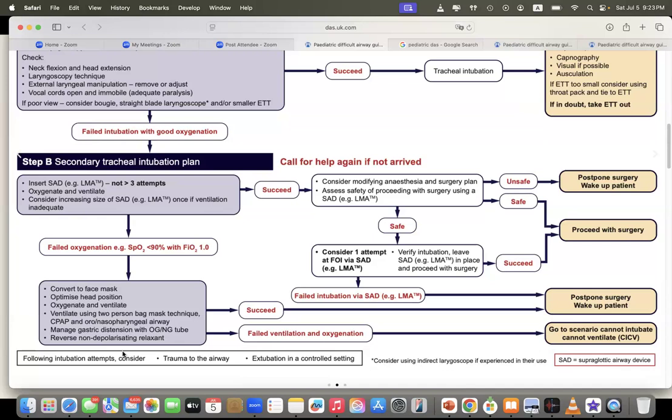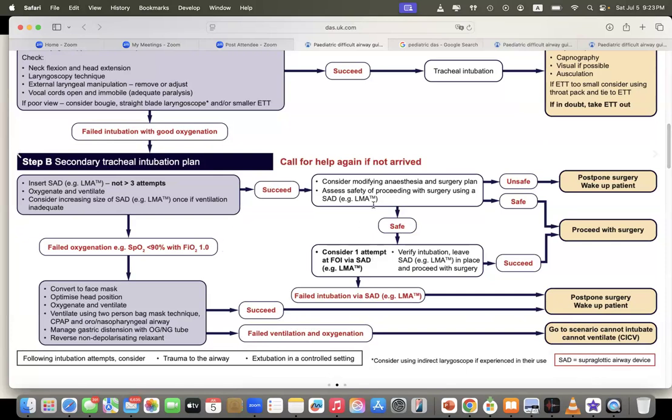and reserve non-depolarizing muscle relaxant for last. So if you succeed, then postpone surgery and awake the patient. If you fail to ventilate and oxygenate, okay, then you may go for surgical or front of neck access.